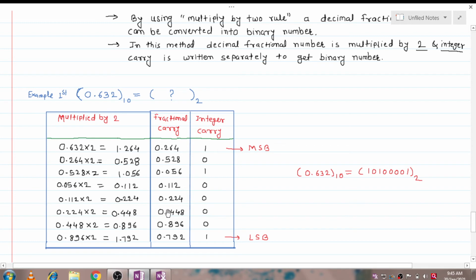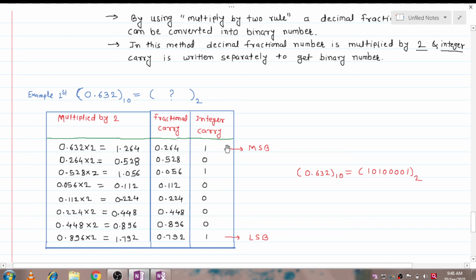Then 0.112 multiplied by 2 gives 0.224, and the integer carry is 0. Then 0.224 multiplied by 2 gives 0.448, and the integer carry is 0. Then 0.448 multiplied by 2 gives 0.896, and the integer carry is 0. Then 0.896 multiplied by 2 gives 1.792. The fraction carry is 0.792 and the integer carry is 1.